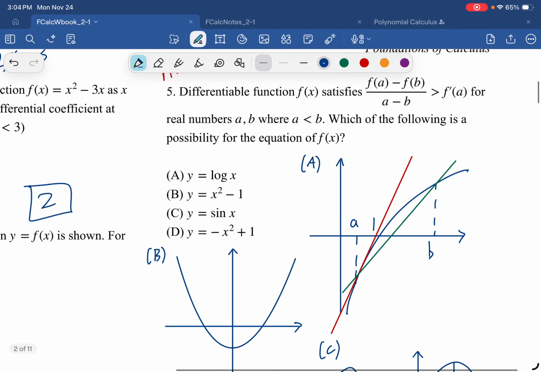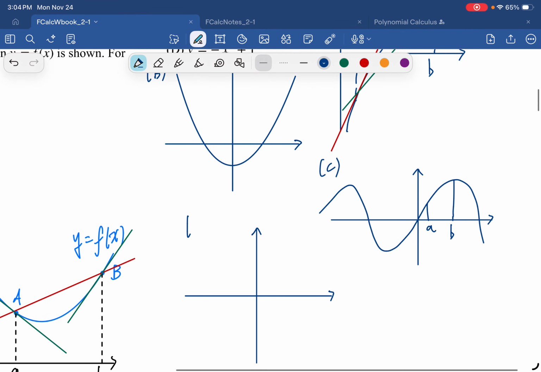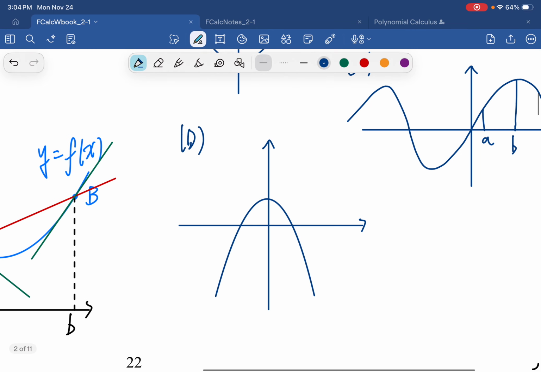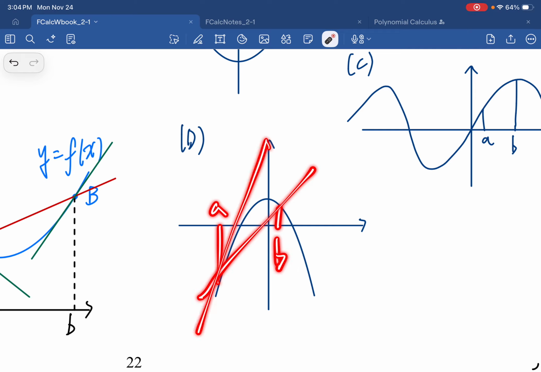And our final option is negative x squared plus 1. So it's an inverted parabola from option number B. So this is option D, negative x squared plus 1. And let's see here. If a is here and b is like here, then this will be the slope of our secant line, and this will be the slope of our tangent line.